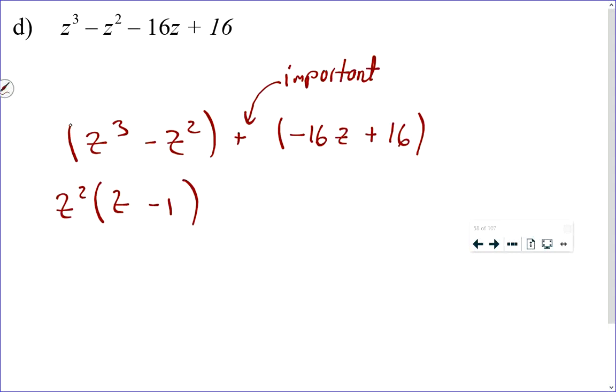And then, when you go to extract the greatest common factor out of the second pair, you do it in such a way that you will be left with whatever you had left in the first pair. Coming back now? Okay, more people nodding. So I would say I need to have left z minus 1, which means not only do I take the 16 out, I take the negative out. And now I have z minus 1.